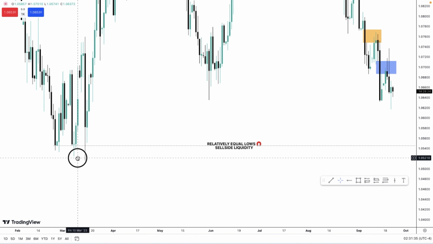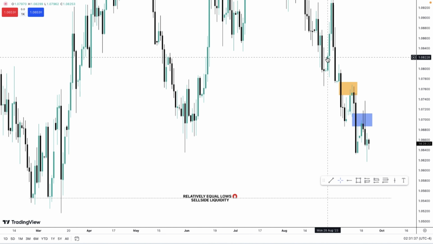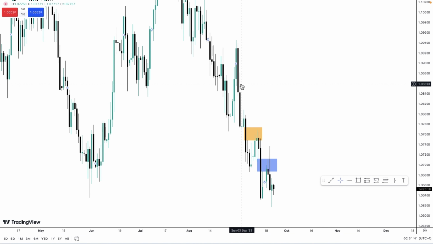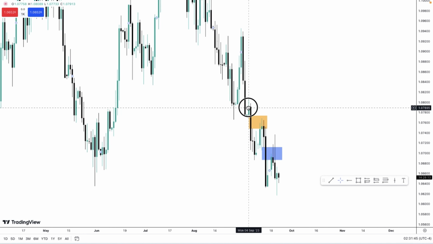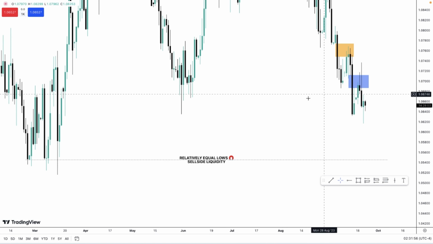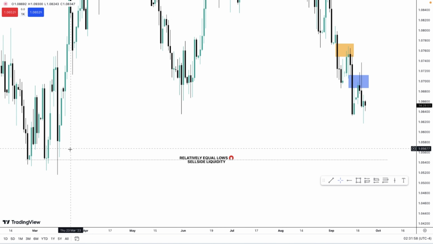I've been selling EURUSD since September. The whole of September, I've been looking for sales on EURUSD. We were targeting this low, this rejection block, this low as well. We are targeting these relatively equal lows.